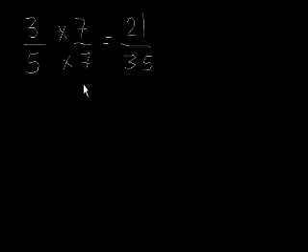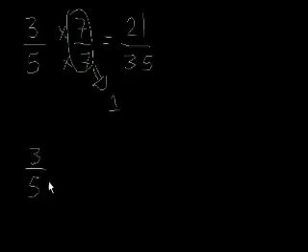And if you look at this, what we're doing here isn't magic. 7 over 7, well, what's 7 over 7? If I had 7 pieces in a pie and I were to eat 7 of them, I ate the whole pie, right? So 7 over 7 is the same thing as 1. So all we essentially said is, 3/5, and we multiplied it times 1, which is the same thing as 7 over 7.